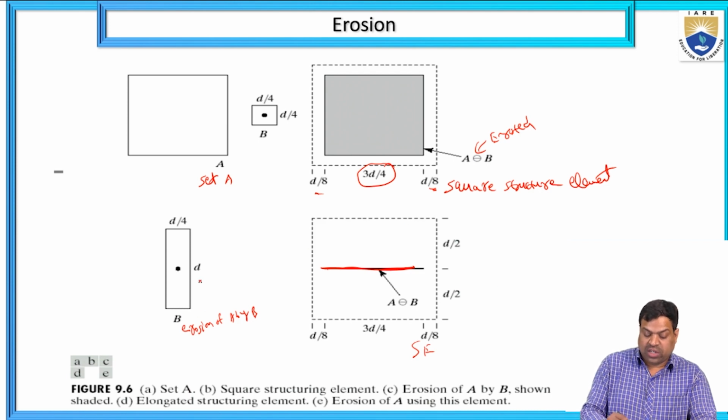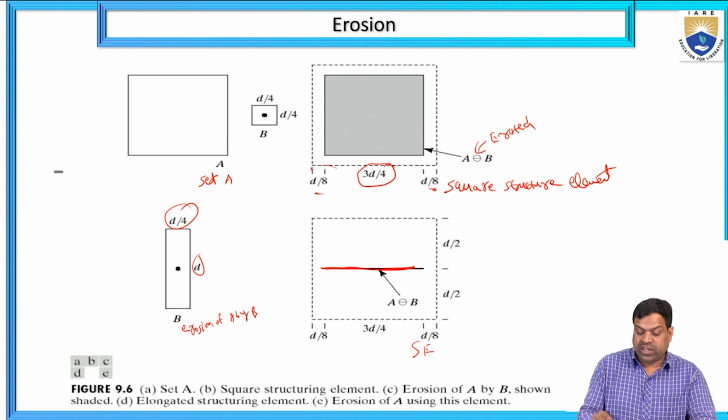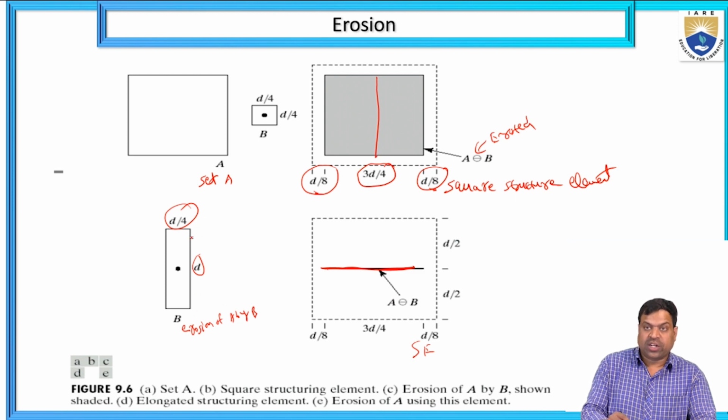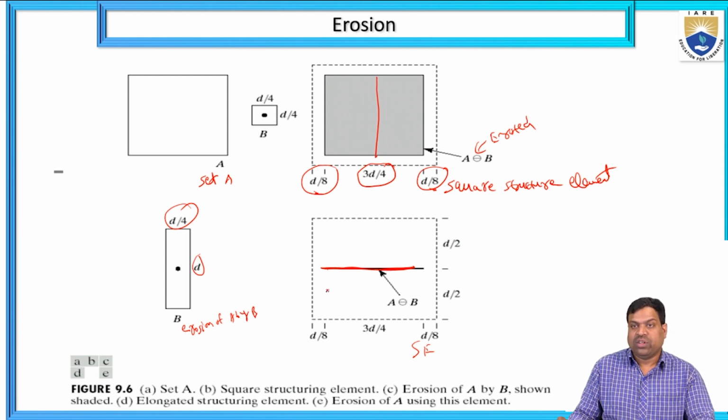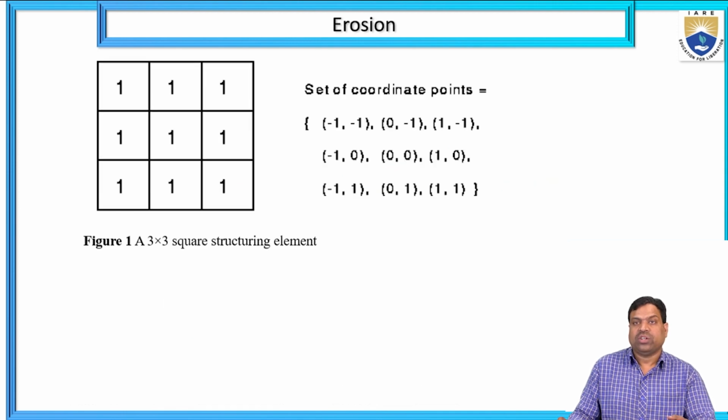Here I am taking D as the height and D by 4 as the width. Here D by 8 is the width, but overall it is D by 4. 3D by 4 is the center point. So D by 8 to D by 8, the middle point is 3D by 4, but the total width is D by 4. So we are decreasing from input to output.